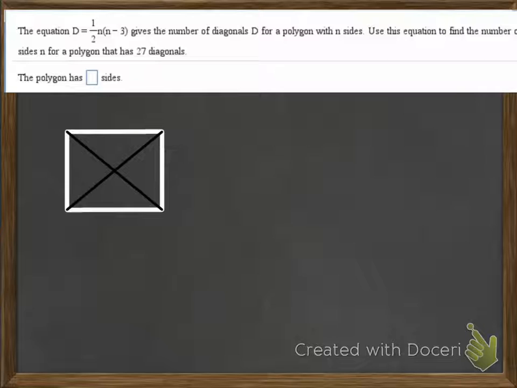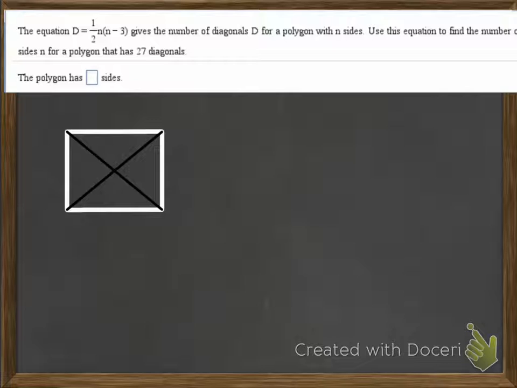So it turns out there's actually a formula that relates the number of sides to the number of diagonals. If you know how many sides it has, then you know how many diagonals you can make. And so our problem says, hey, is there a polygon that has 27 diagonals? And if so, how many sides would that polygon have?